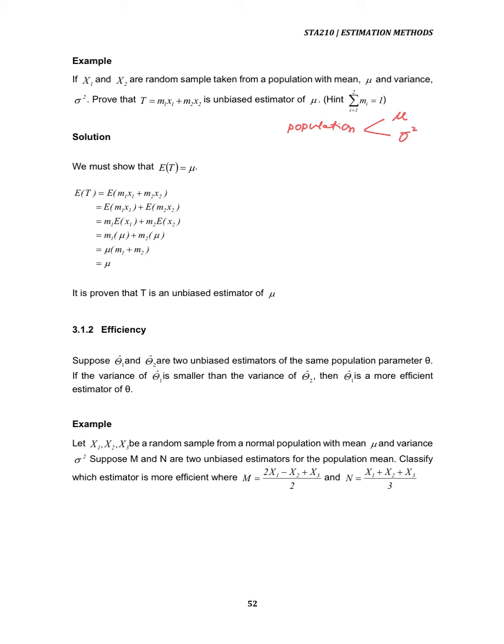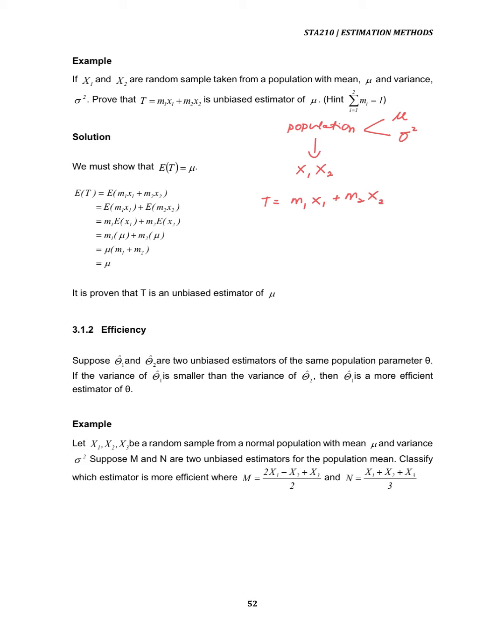Okay, now kita ambil sampel. Okay, sampel kita x1 dengan x2. Sekarang ni kita nak show kan, okay, satu parameter t ni yang mana t tu dia punya equation dia adalah m1x1 plus m2x2.